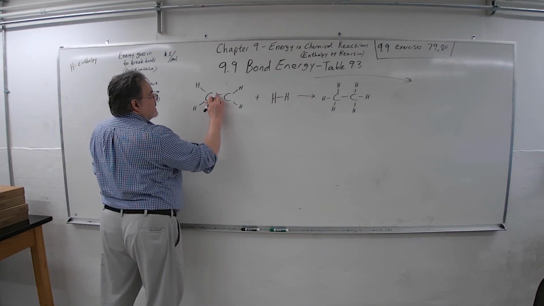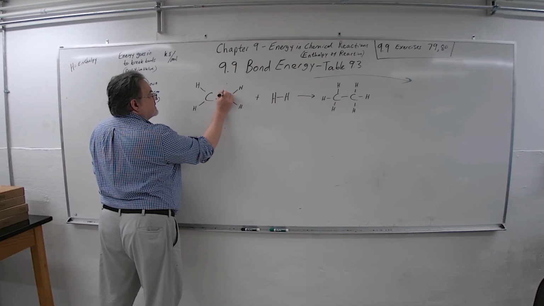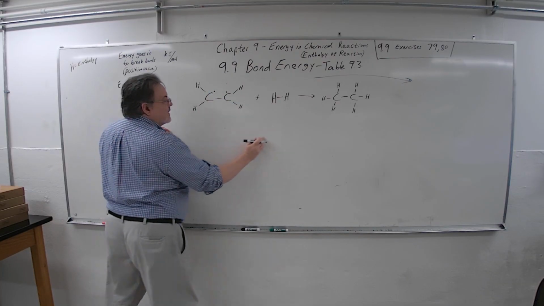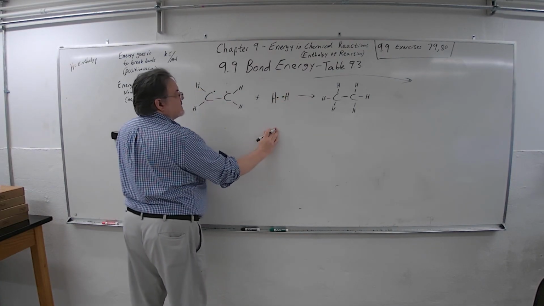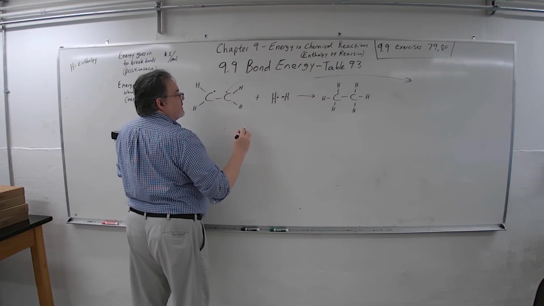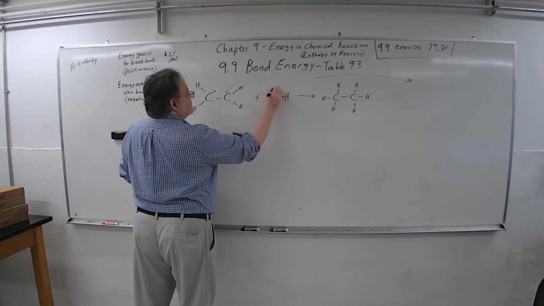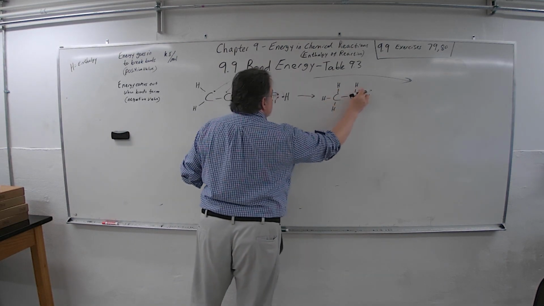What's going on here is that bond breaks, and there's a single electron floating there. This bond breaks, single electrons floating there. Those two come together, and those two come together to make these two bonds.